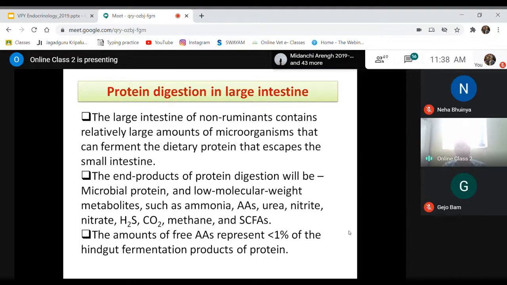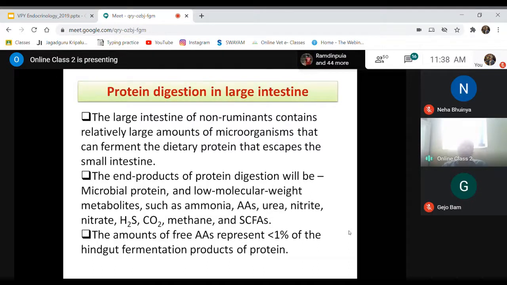In protein digestion in the large intestine, suppose some protein is left, then that protein will be digested in the large intestine. In the large intestine there are three different parts: cecum, colon, and rectum. In some non-ruminant animals the cecum is well developed, but in most non-ruminant animals the cecum is not well developed.